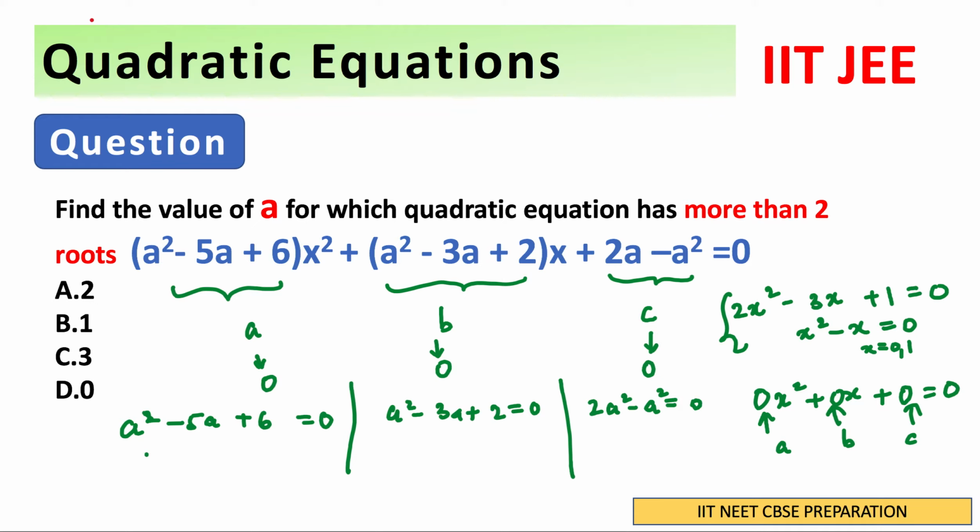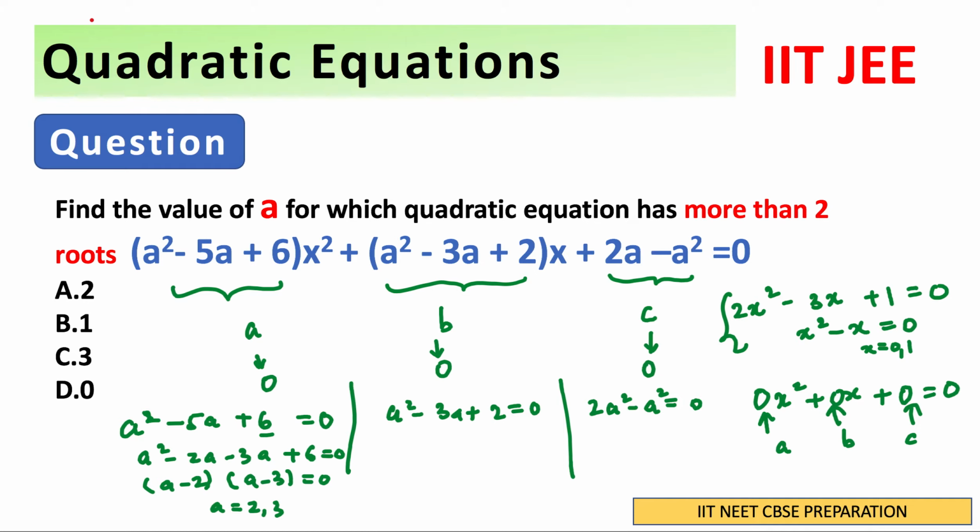For the first one, 6 is 2 into 3, so this will be a square minus 2a minus 3a plus 6 is equal to 0. I can write a minus 2 into a minus 3. So here the value is going to be a is equal to 2 and 3.